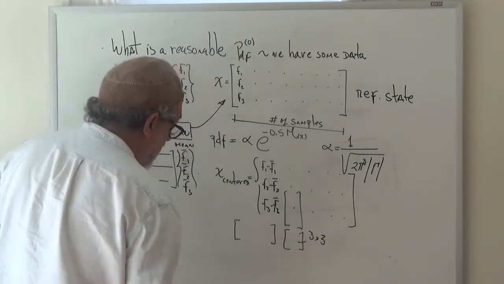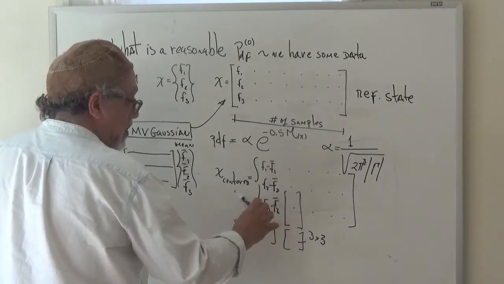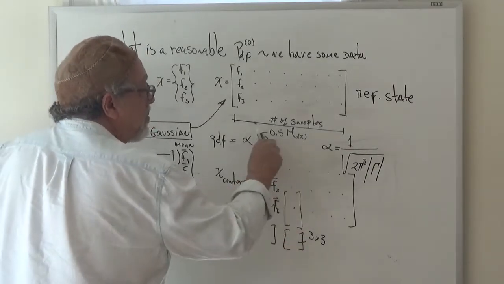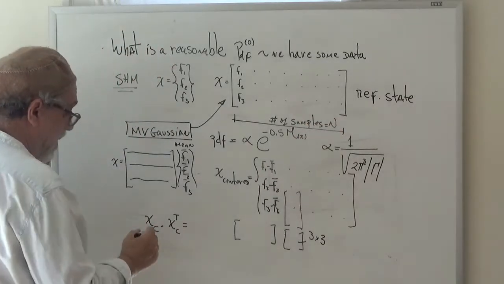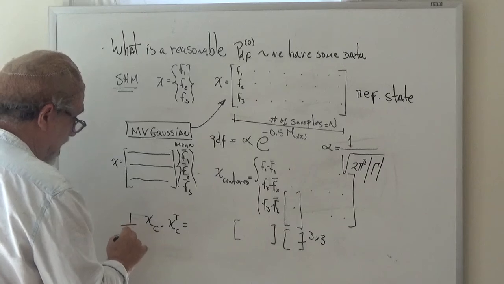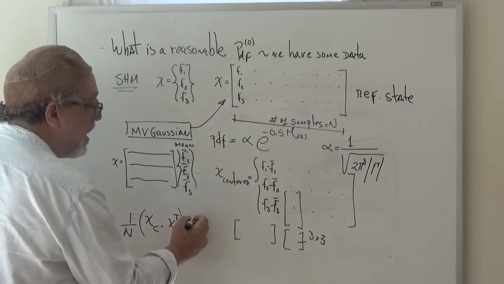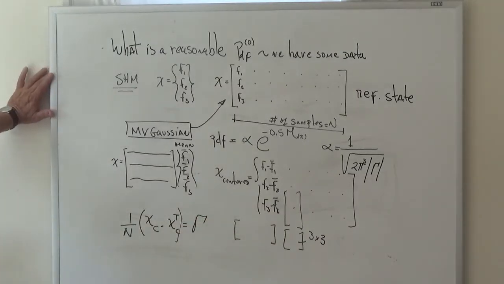In our particular example. That matrix, that is 3 by 3, if I divide it by the number of samples, let's say the number of samples is capital N, then 1 over N multiplied times XC transpose is the covariance estimate, empirical estimate, okay?